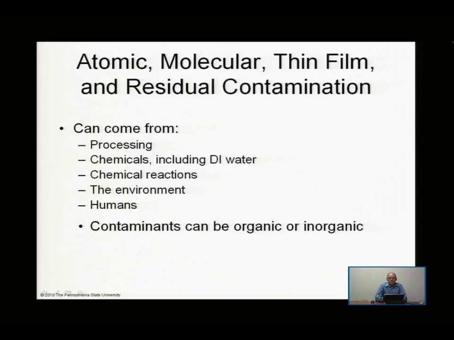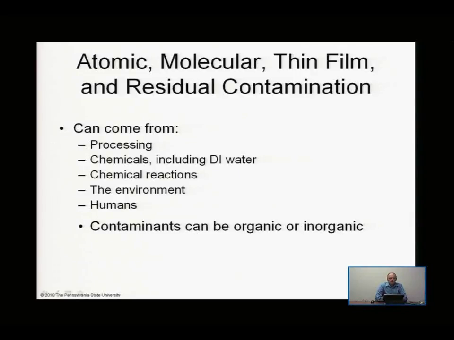Well, atomic, molecular, thin film, and residual contamination, where does it come from? Well, I keep incriminating humans. You can see humans on the list here, but the list actually is pretty extensive. The actual processing, the actual making of things, the tools you use, the equipment that you use can be a source of contamination.